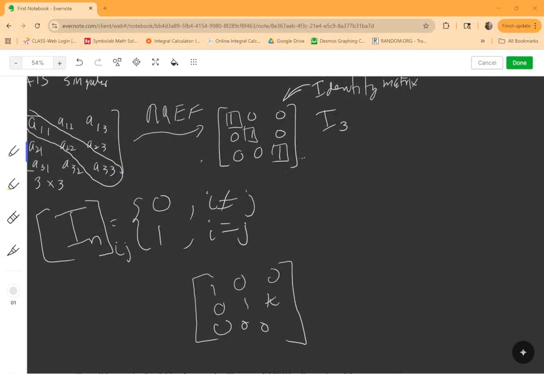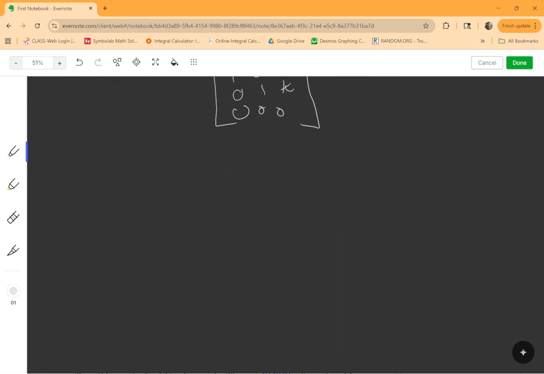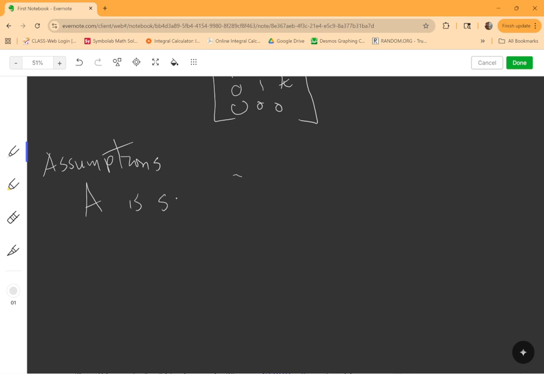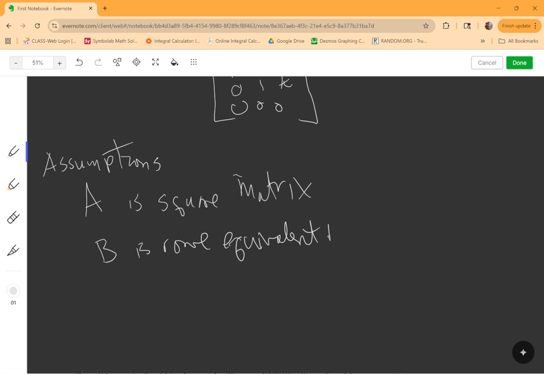So we have our assumptions: A is a square matrix, and B is row equivalent to A and in reduced row echelon form.